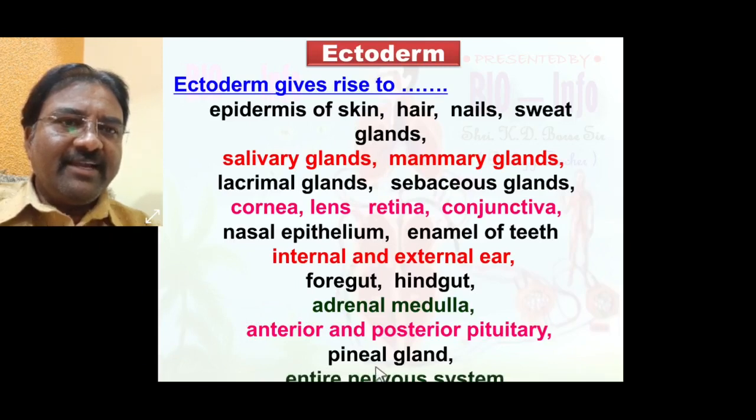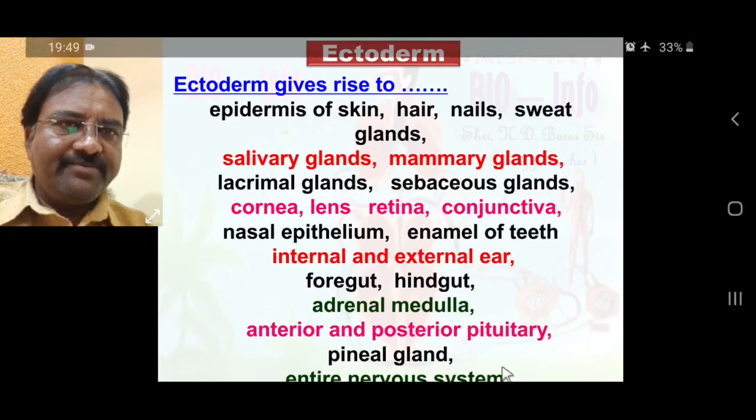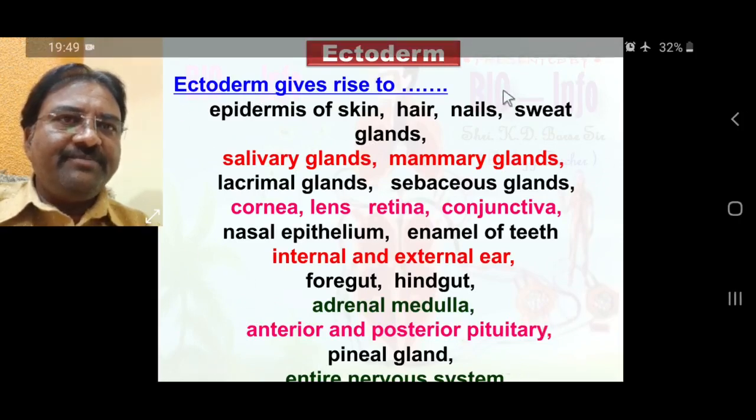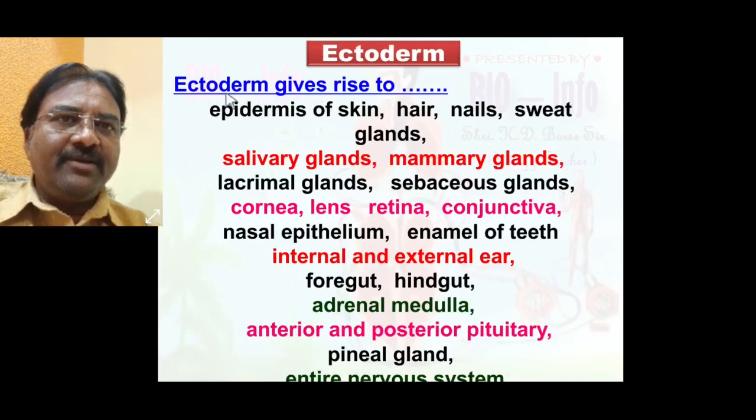And the entire nervous system, meaning our brain and whole nervous system, is also developed from ectoderm. So always remember all these parts originate from the ectoderm germ layer.